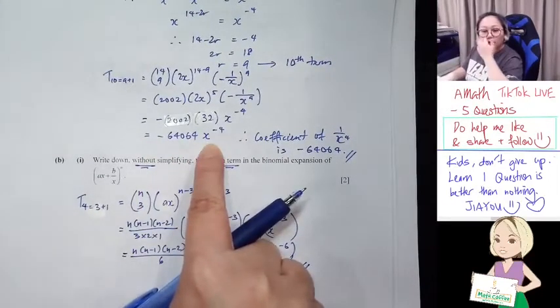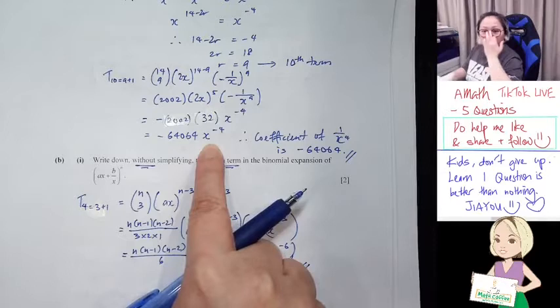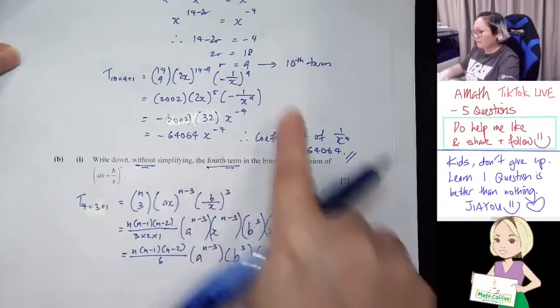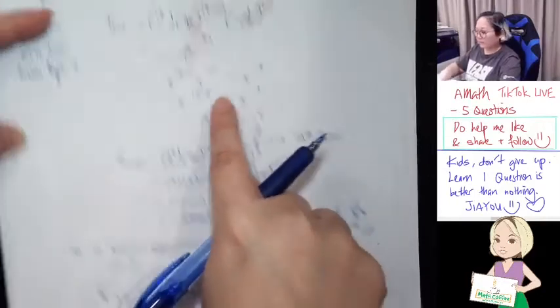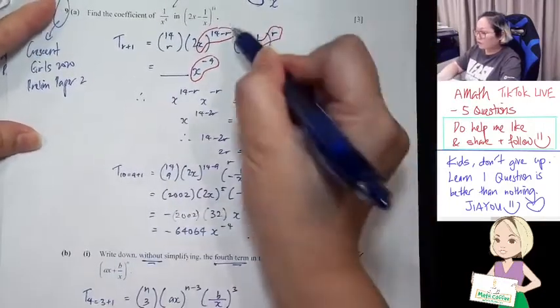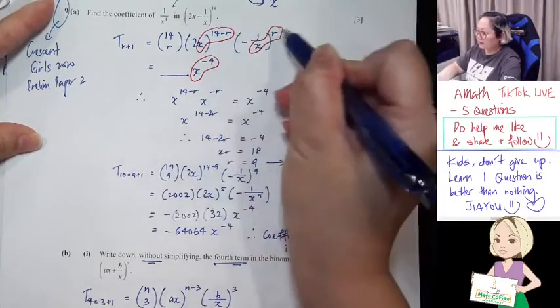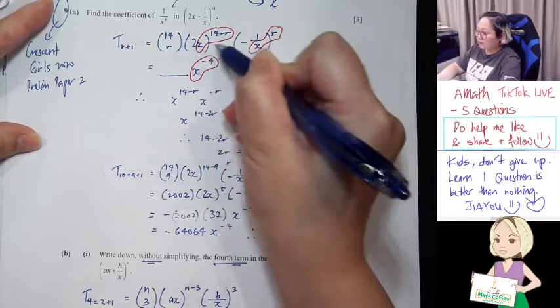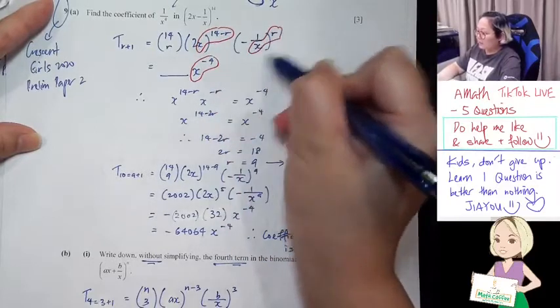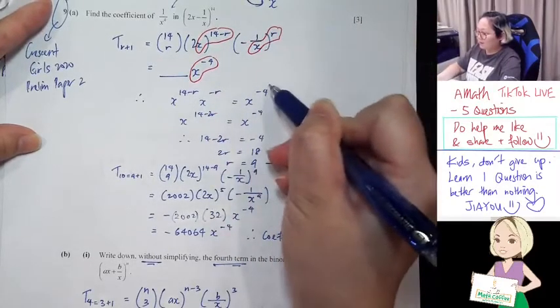Then you have to be careful. This question, 10th term, is because we formed the equation and found out r equals 9. You use the general formula. The red color part is the one that contributes to the x to the power of minus 4. So I form an equation by saying this and this equals x to the power of minus 4.